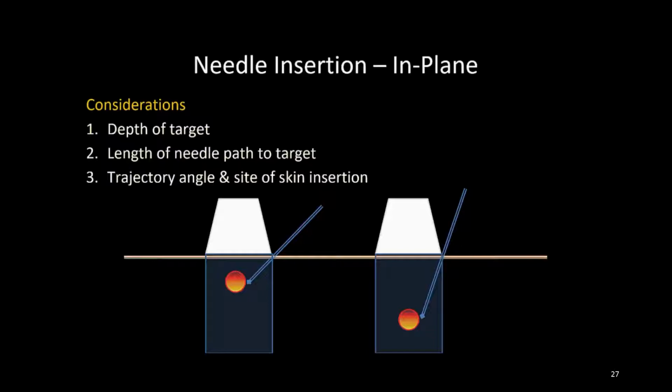For the needle insertion, we have to keep that in mind. And then the trajectory angle, whether it be a steeper angle or a shallow angle, and whatever site of skin insertion, is going to affect our needle visibility. So we have to be a bit careful about that.